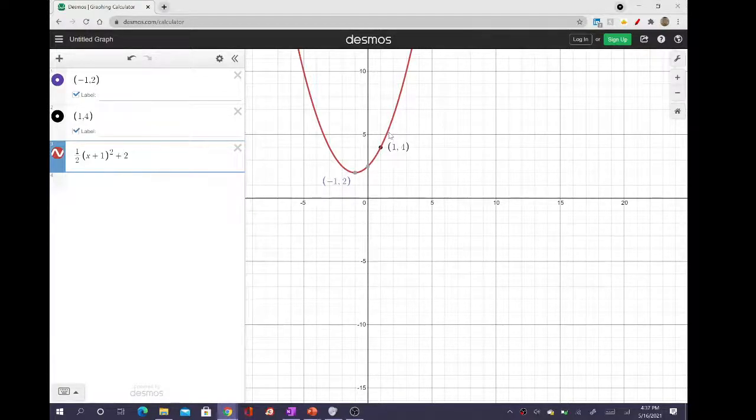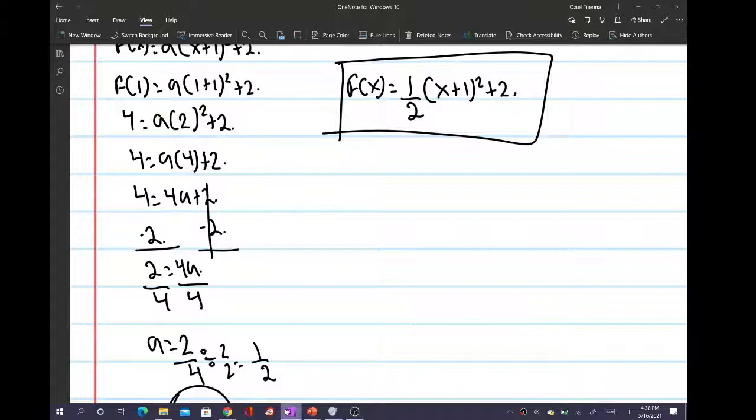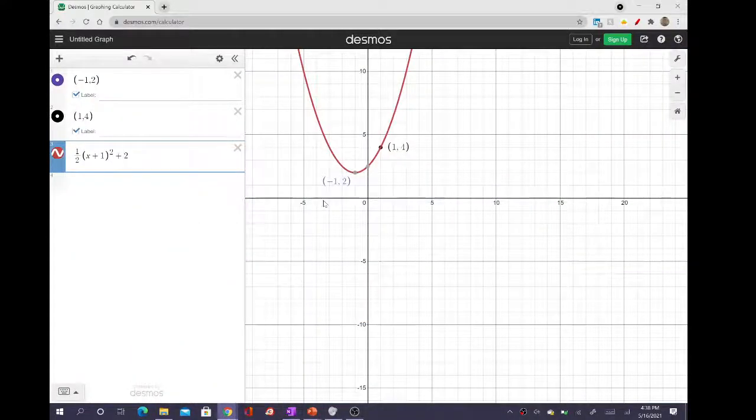And this isn't something too difficult. You really just have to pay attention to what your vertex is and what your second point is.